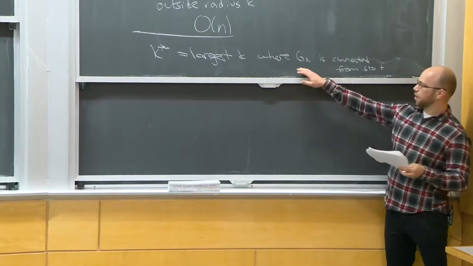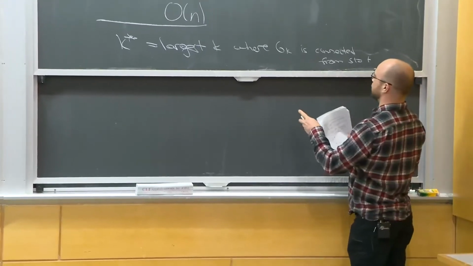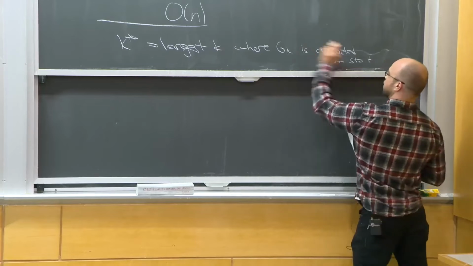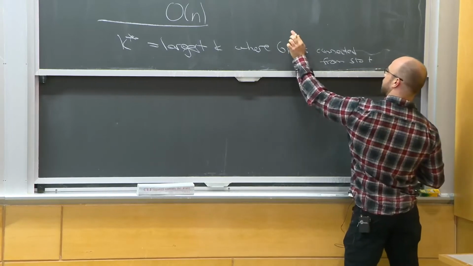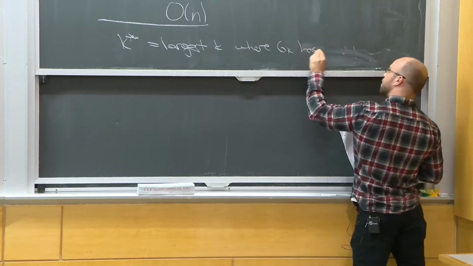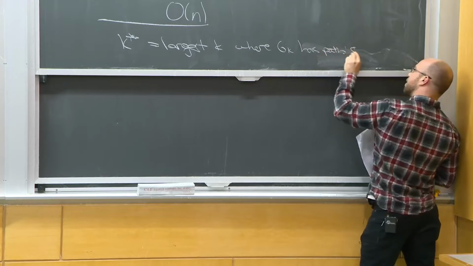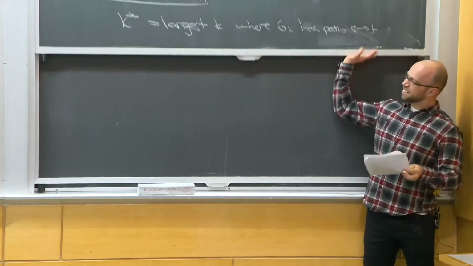Really, I should say where there exists a path from S to T in GK. I've just phrased this in a funny way: where GK has a path from S to T. There we go.